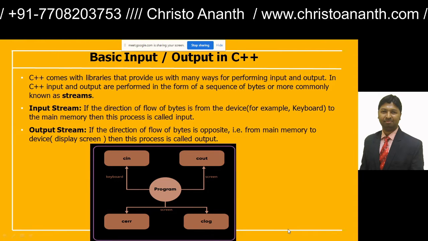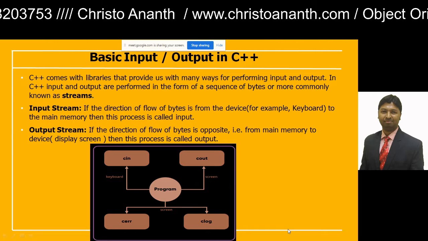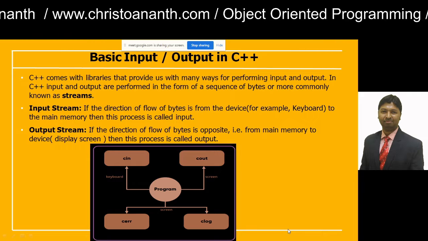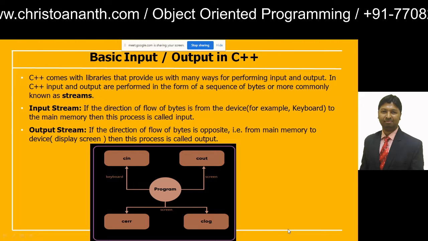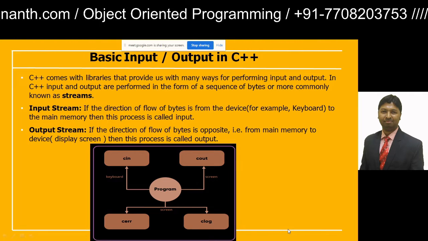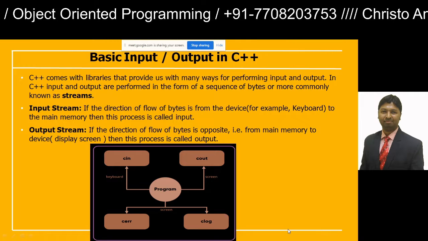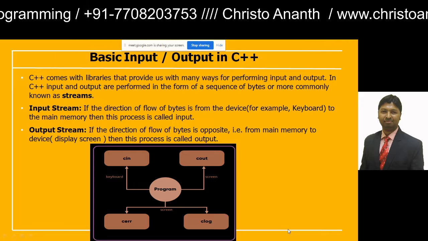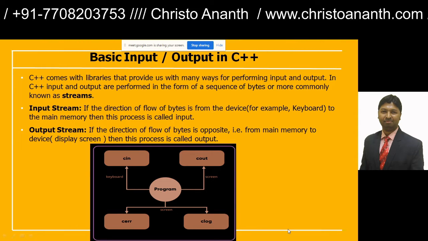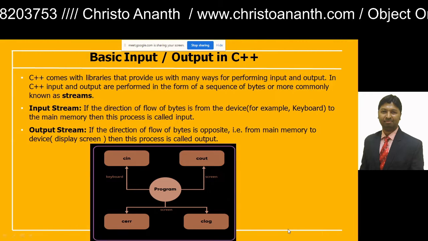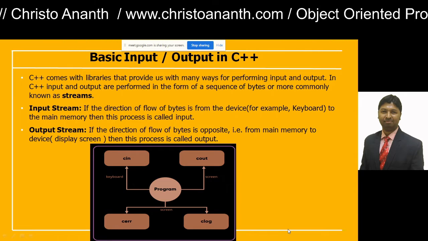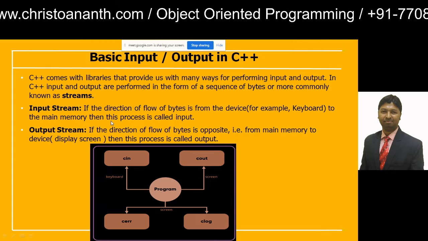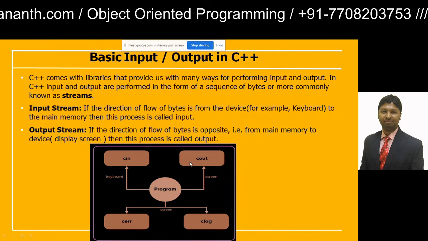Here we have two types of streams: the input stream and the output stream. If the direction of the flow of bytes is from the device to the main memory, then you call it an input stream. But when the direction of flow of bytes is from the memory to the device, for example the display screen, then it is called an output stream. In the program, we have cin as well as cout.